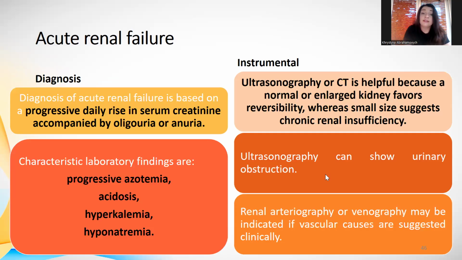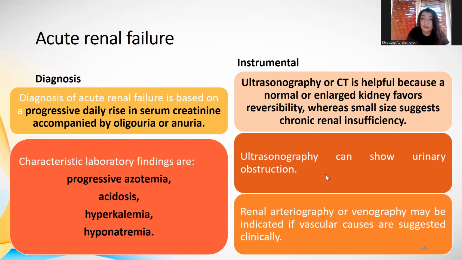Now, diagnosis of acute renal failure is based, first of all, on a progressive daily rise in serum creatinine accompanied by oliguria or anuria. Characteristic laboratory findings are progressive azotemia, acidosis, hyperkalemia, and hypernatremia.